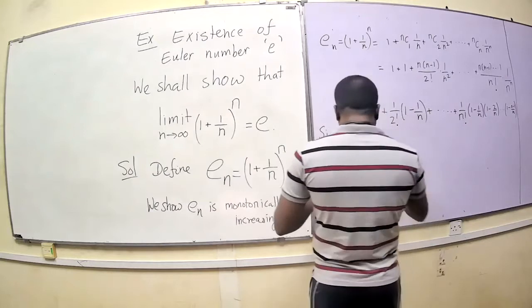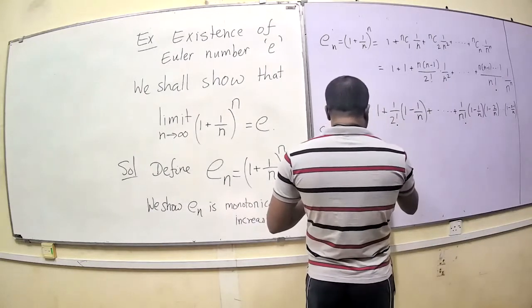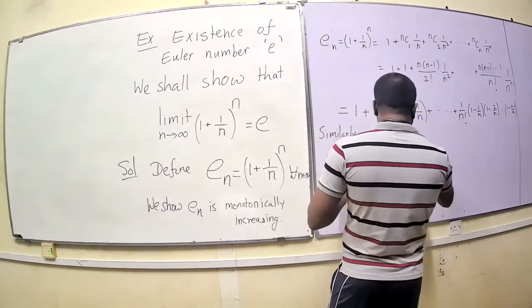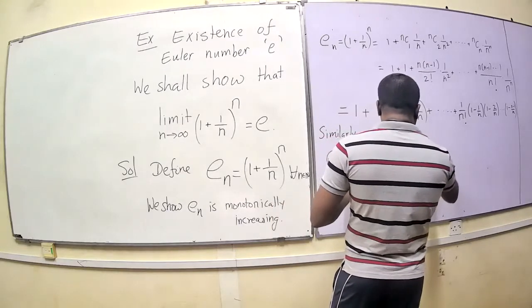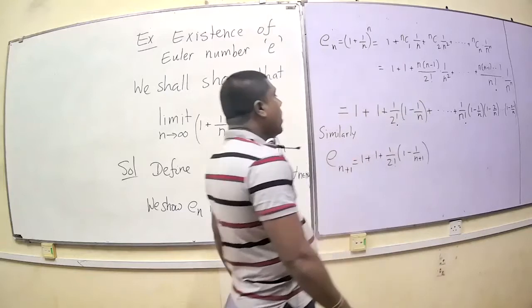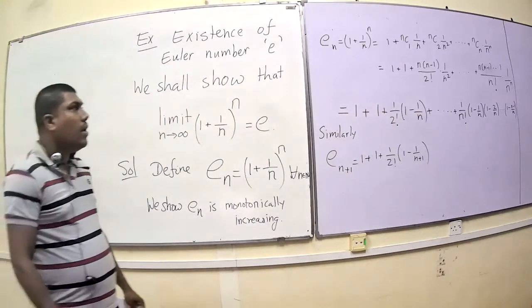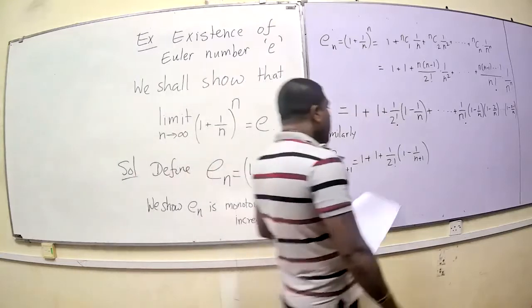So if this is e_n, then you can write similarly for e_(n+1). So if you write e_(n+1), this is what you get. Right, so you get n plus 1 here because of this.